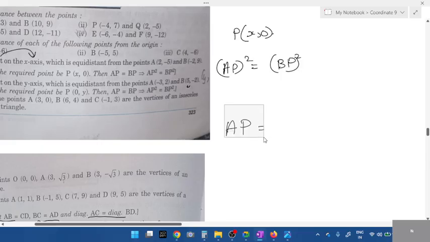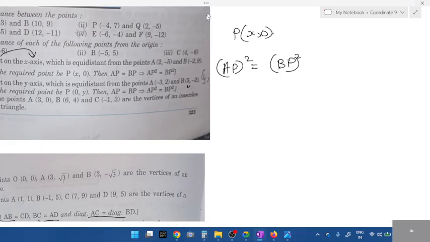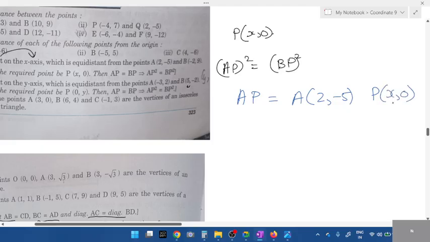Now we need AP square. First, we need to find the value of AP. What is A value? 2 comma minus 5. What is P? X comma 0. First find the distance. How do you find the distance between them, students? Take this as x1, y1. What is the distance?